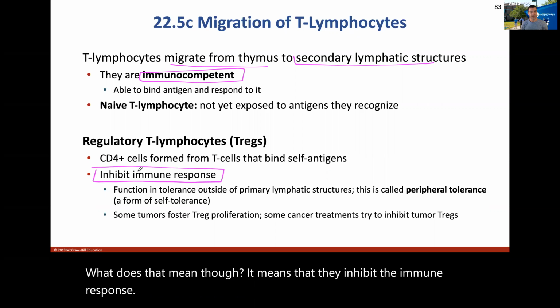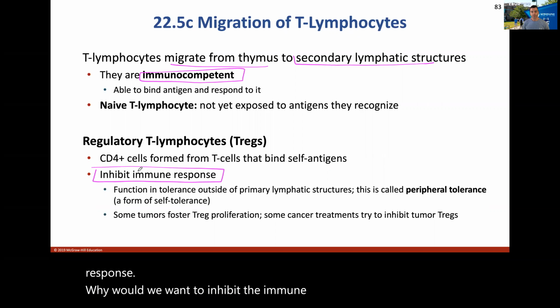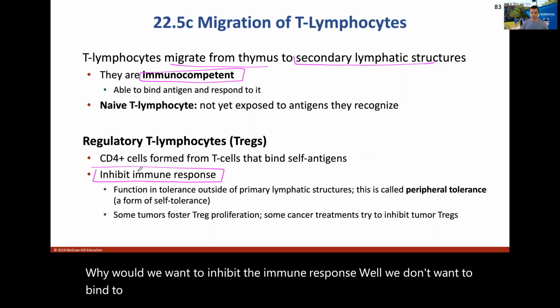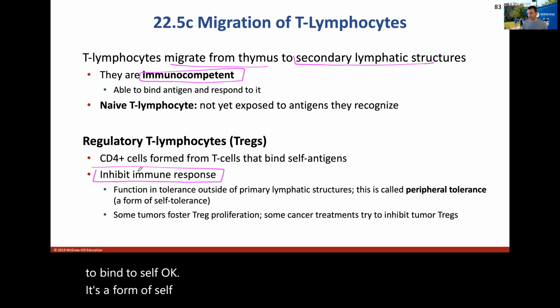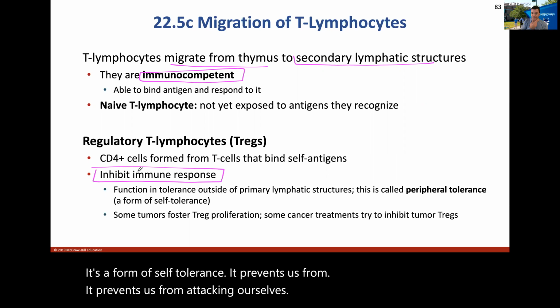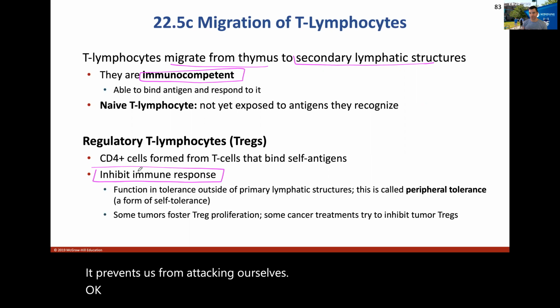Why would we want to inhibit the immune response? Well, we don't want to bind to self. It's a form of self-tolerance. It prevents us from attacking ourselves. It can dampen an immune response in a region when we have an immune response occurring.